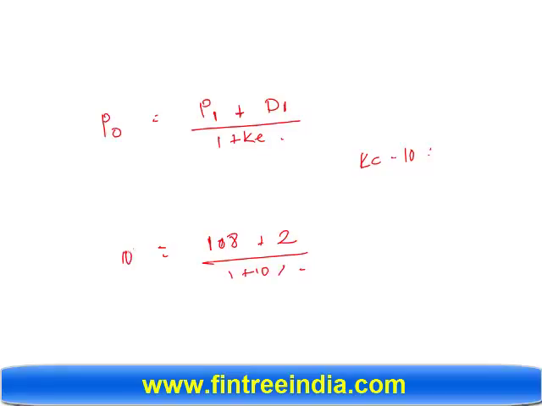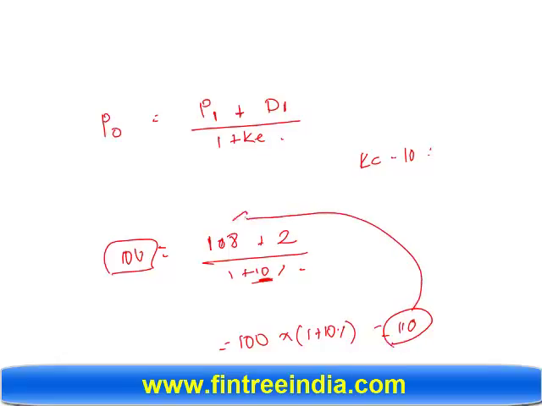The stock would be worth 100 rupees today. The assumption is, if you have a stock of 100 and the required rate of return is 10%, by the end of the year it should generate wealth of 110. This 110 is divided into two parts, 8 in the form of capital appreciation and 2 in the form of dividend. If it's 106 plus 4, the answer is the same. If it's 102 plus 8, the answer is the same. That means it does not matter how much dividend you pay. Are we clear with this?